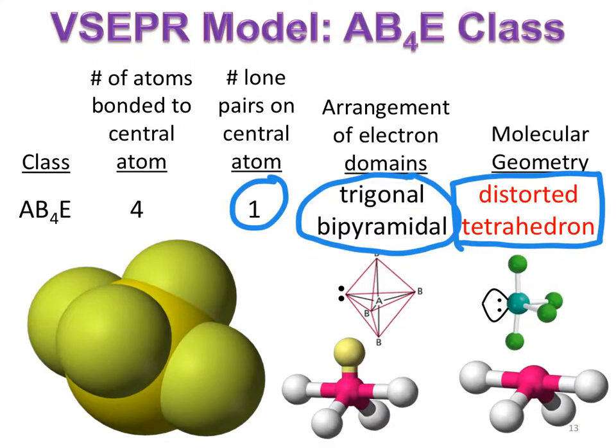The lone pair goes onto one of the equatorial positions. As a result, this bond angle here that we originally expected to be 90 is usually less than 90. And the bond angle here along the equatorial positions, which we expected to be 120, is usually less than 120.